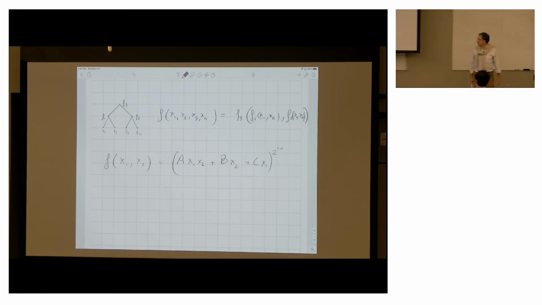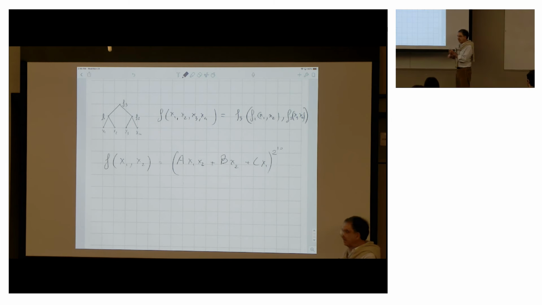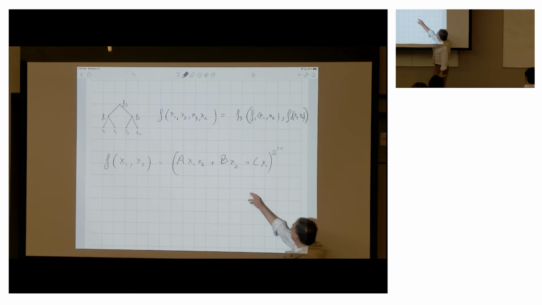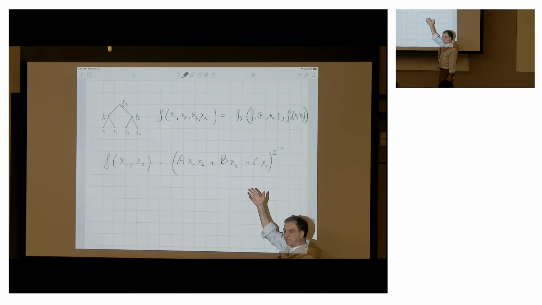But if I represent this as a network which has multiple layers, then I just need 33 units. Because the first layer will take care of this, and then I need 10 layers, each one of which takes the square, and these 10 layers, each one needs 3 units.